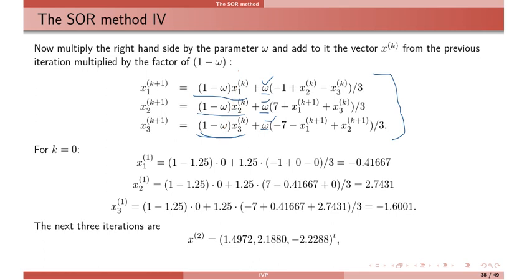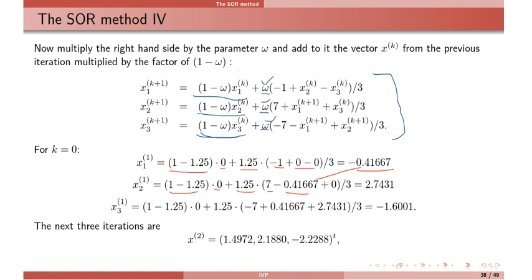So start with 0, 0, 0. First fit in first: x1 is 0, omega is 1.25, this is minus 1, 0, 0, this is the first answer of x1. Then x2: 1 minus omega, x2 is 0, omega, this is 7 plus, this is x1, so use the new x1 here immediately.